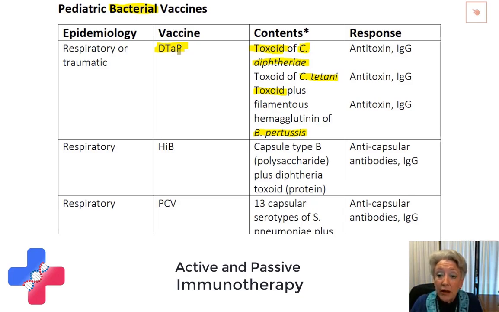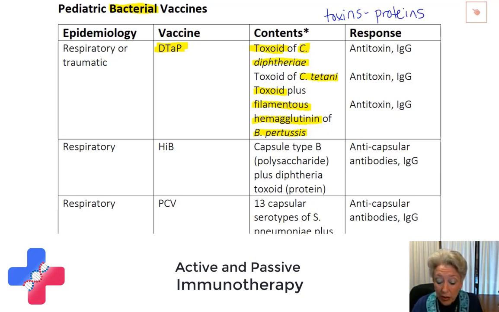Back in the day, they used to use whole-killed Bordetella pertussis, but there were some rare sequelae to that were unfortunate, and so they have switched over to using the filamentous hemagglutinin that the organism uses to attach to mucosal cells and the inactivated toxin. Now, if you remember in advance, before we do our micro together, realize that the toxins of bacteria are all proteins.